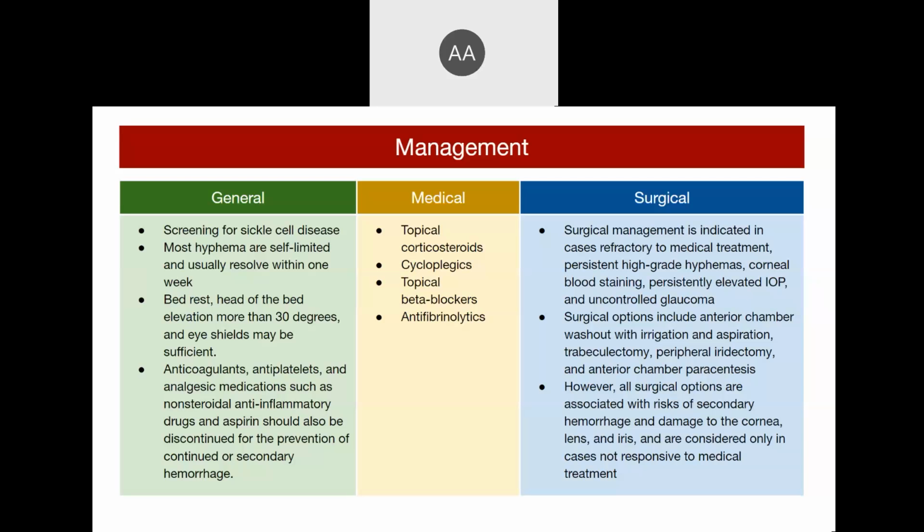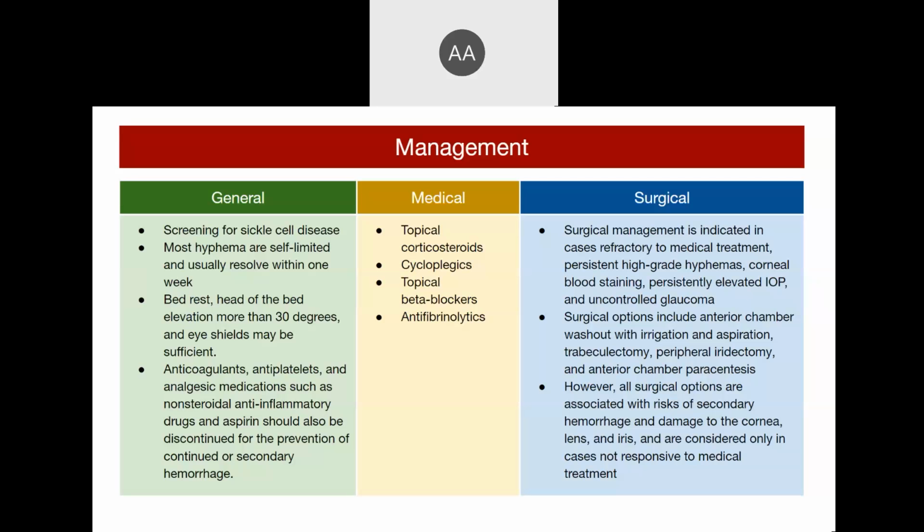How do we signify the importance, or how bad this hyphema is, the complications of this hyphema. So as you just presented, some of the complications will be associated with the increased intraocular pressure. Some of them will be associated with corneal blood staining.